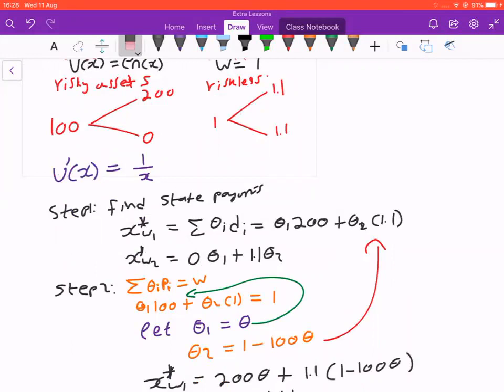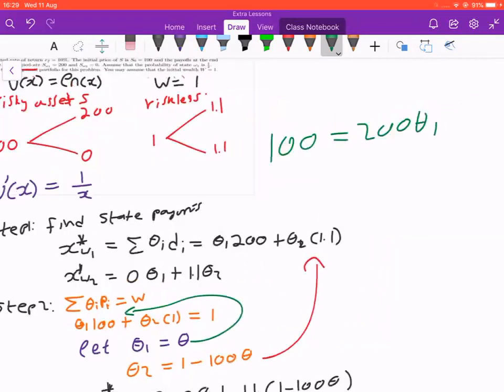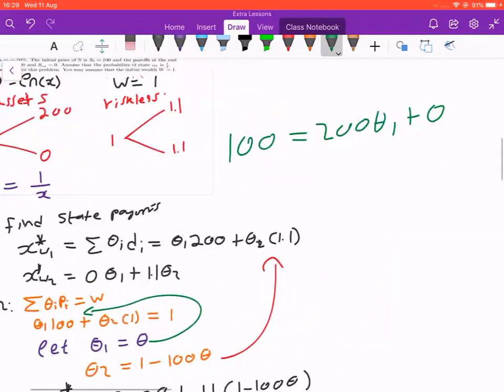Yes. But instead he would have said 100 equals 200 times state 1, and then plus 0 times state 2. Yeah, 100 equals 200 theta 1, and then he said plus 0 theta 2. Okay.